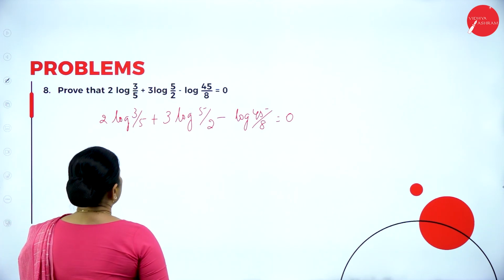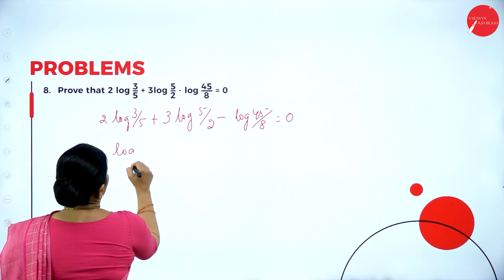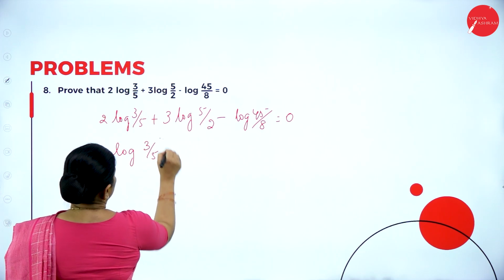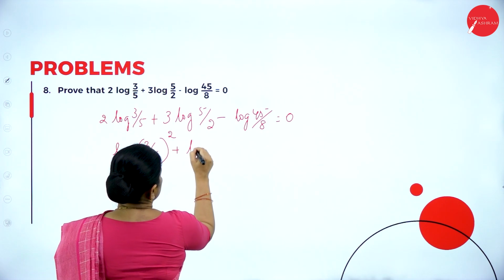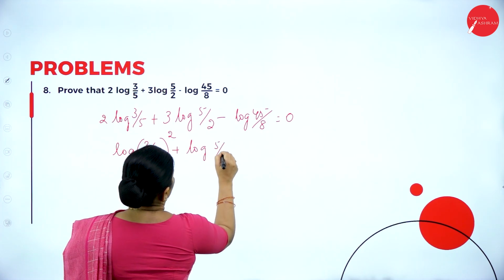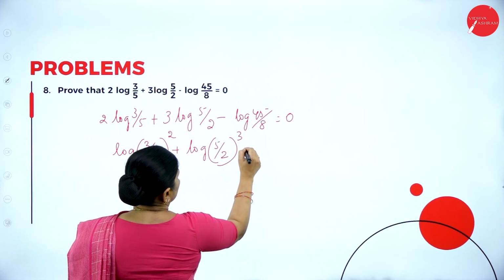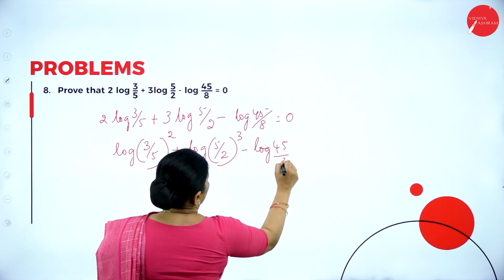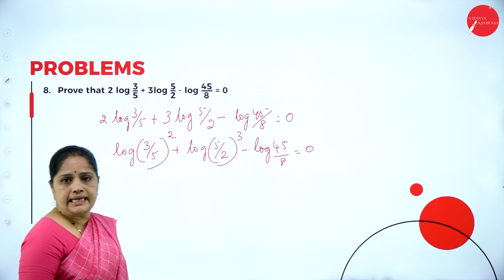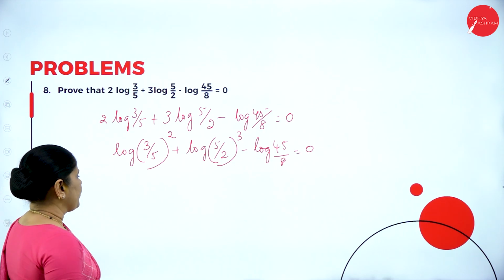So I can write it as log of 3 by 5 the whole square plus log of 5 by 2 the whole cube minus log 45 by 8 equals 0.